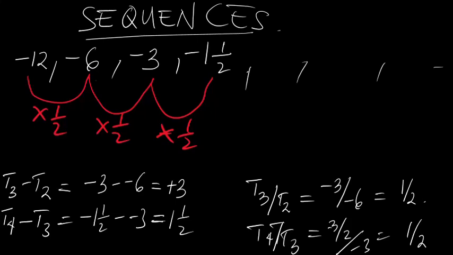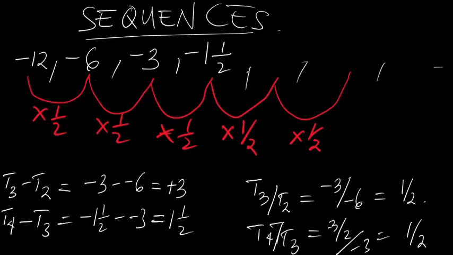For us to get the next term, that means we multiply this term with what? Half. Then the next one, the same thing. We multiply with what? Half. So now let's multiply this minus 3 over 2 by half. We now have minus 3 over 4. Now let's multiply this minus 3 over 4 by half.